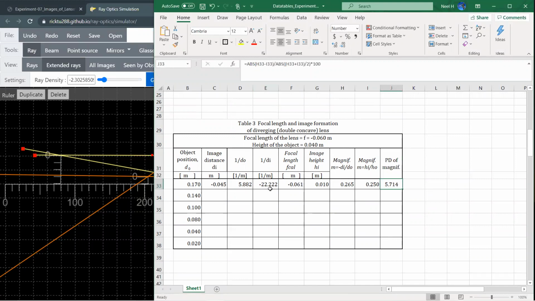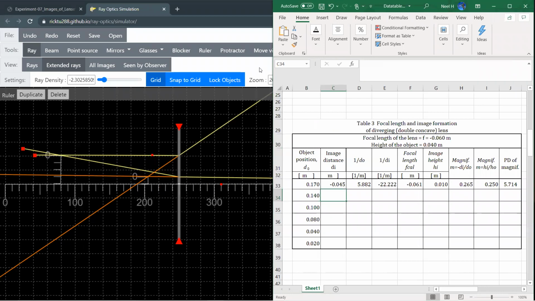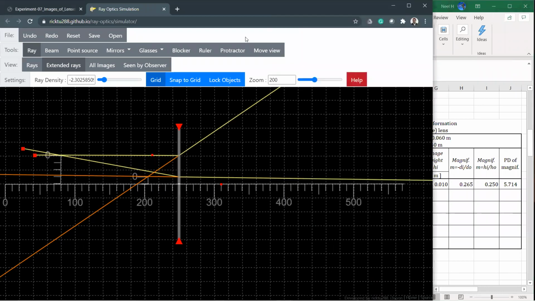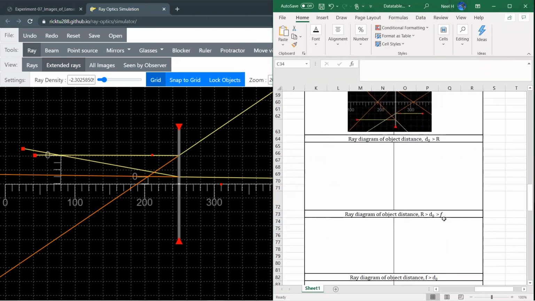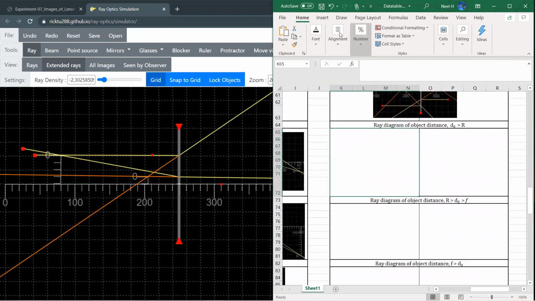Okay, now let's continue. All we have to do now is change the object location and then repeat the procedure. And then we have to get the picture for every case, right? All those pictures should go into table number 6.